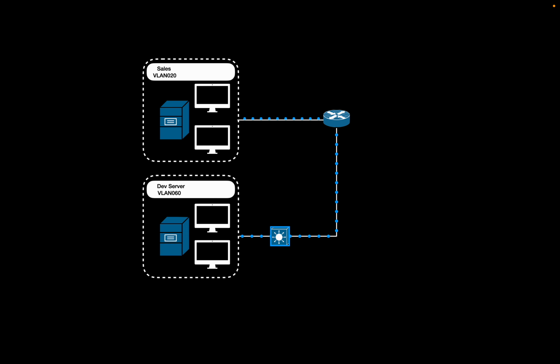So here we have an example where we see the sales is on a VLAN. A VLAN is a logical separation of the LAN network, and they are situated on VLAN 020, and another one, the dev servers, are on VLAN 060.